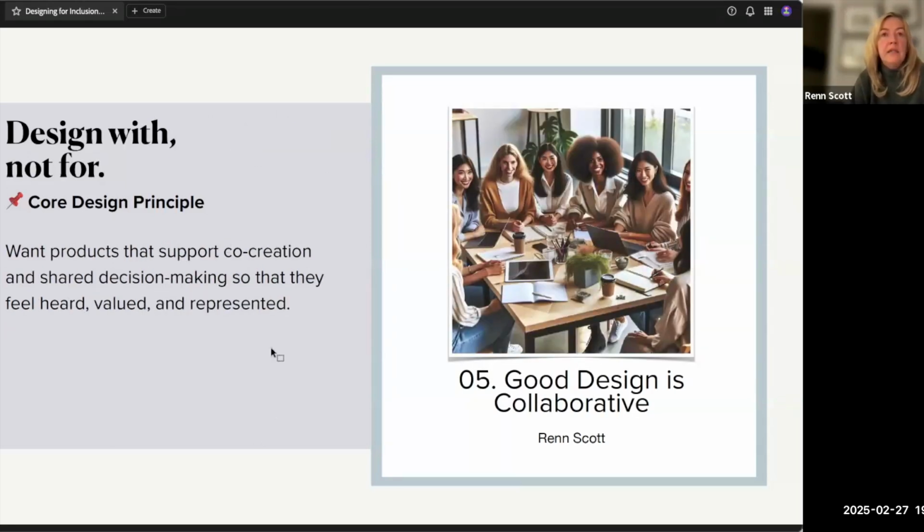Lastly, and a really important one today, relevant to co-creation and the focus for our session, is that good design is collaborative. This is a key principle that's very different than what we had learned in the past from Dieter Rams.